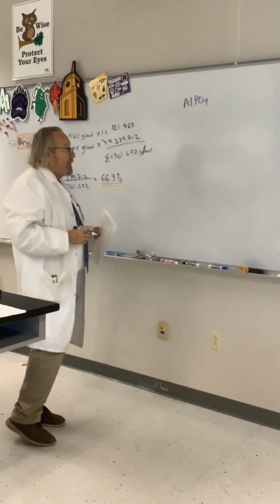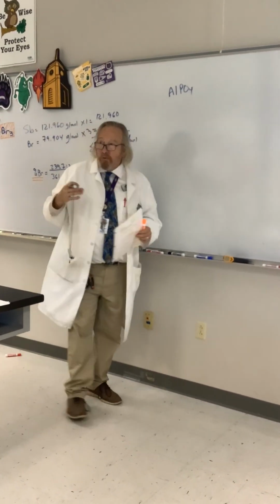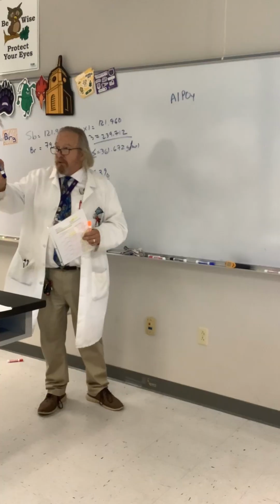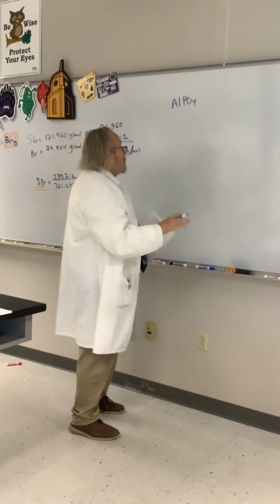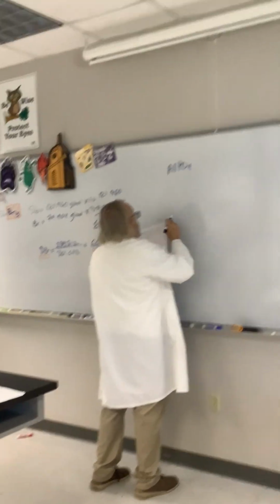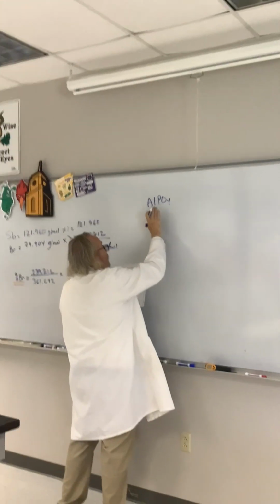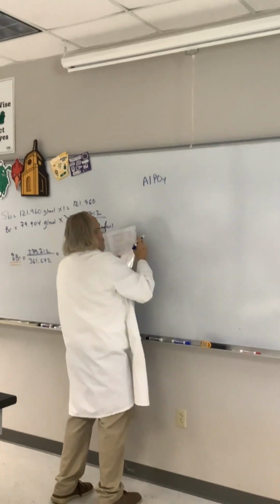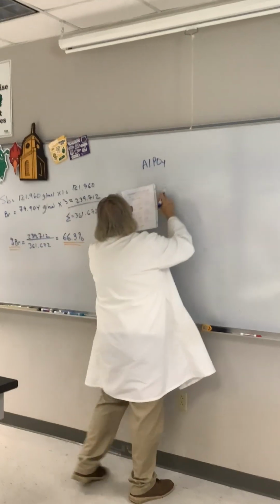And phosphate is one of those polyatomic ions. If you go to the chart, it has a -3. So there's 1 aluminum atom, 1 phosphorus atom, and 4 oxygen atoms.